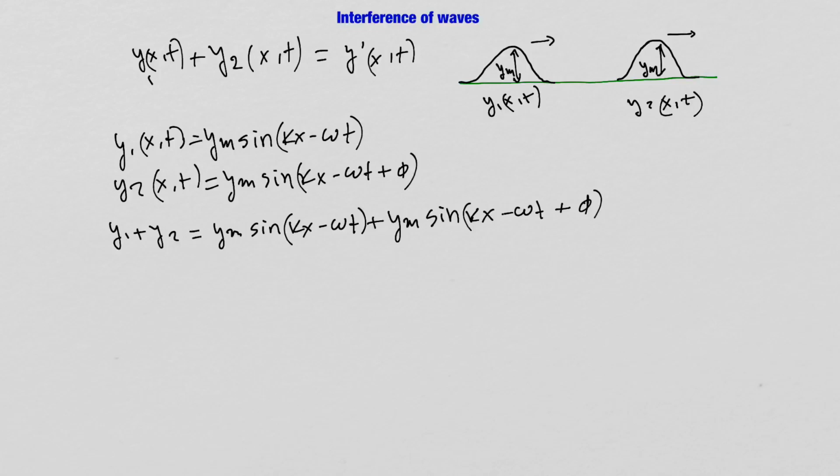So the identity states that sine of alpha plus sine of beta is equal to 2 times sine of 1/2 alpha plus beta times cosine of 1/2 alpha minus beta.